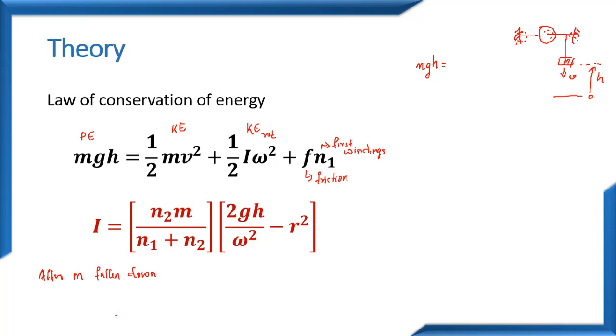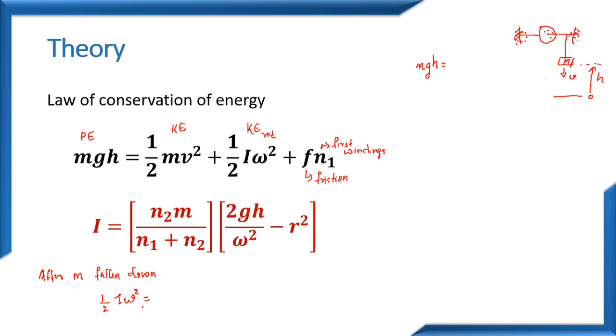That is, the flywheel will still have a rotational kinetic energy equal to half I omega square. The flywheel won't stop at the moment the mass falls down because it has a moment of inertia. It will tend to continue rotating. Therefore, it will still have a kinetic energy equal to half I omega square.